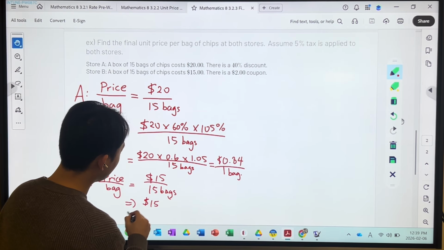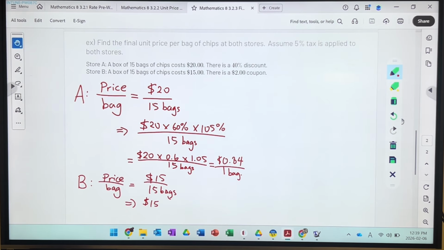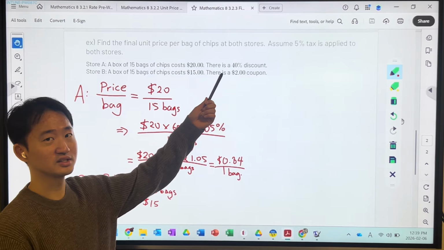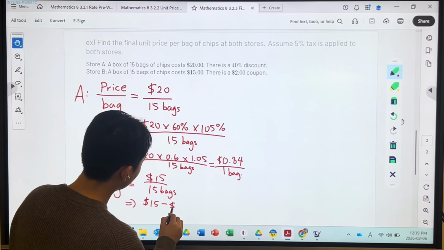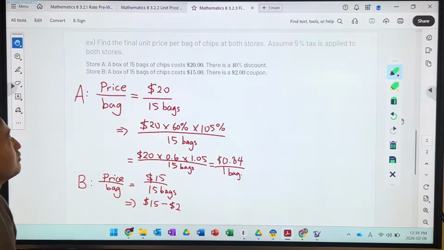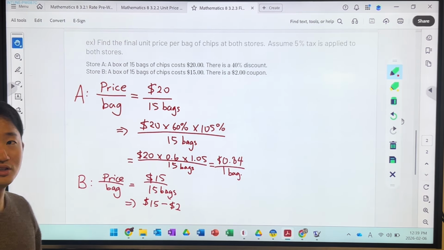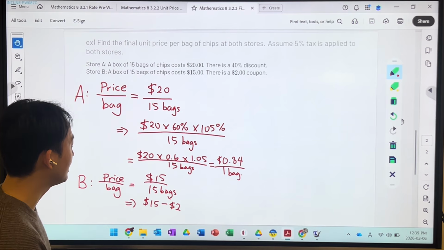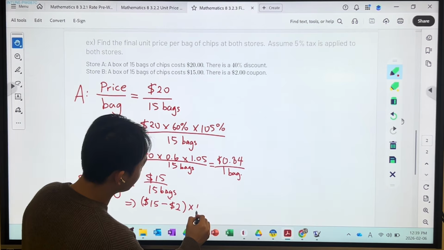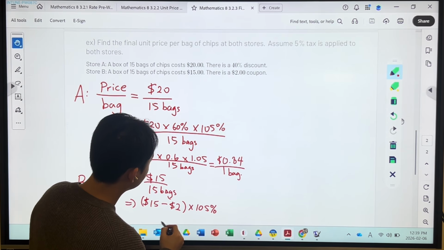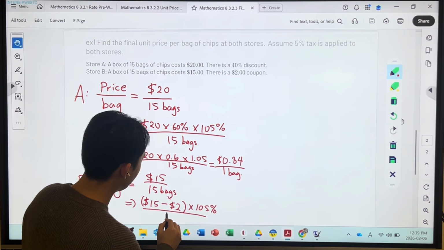First of all, we start with the $15. But this time, instead of having a percentage discount, we have a flat amount discount. So I'm going to first subtract the $2. Afterwards, I need to pay the tax of 5%, which means I need to multiply the total by 105%, divided by 15 bags again.